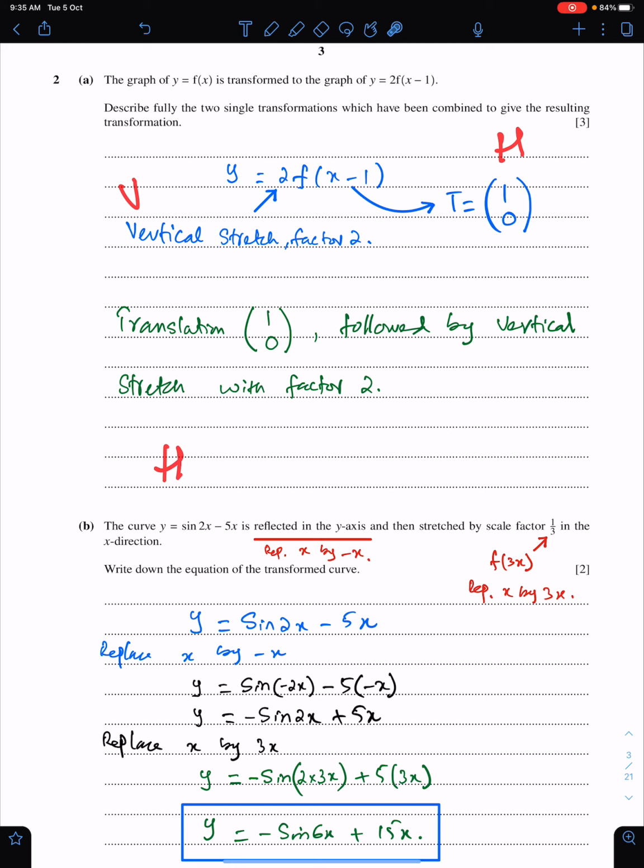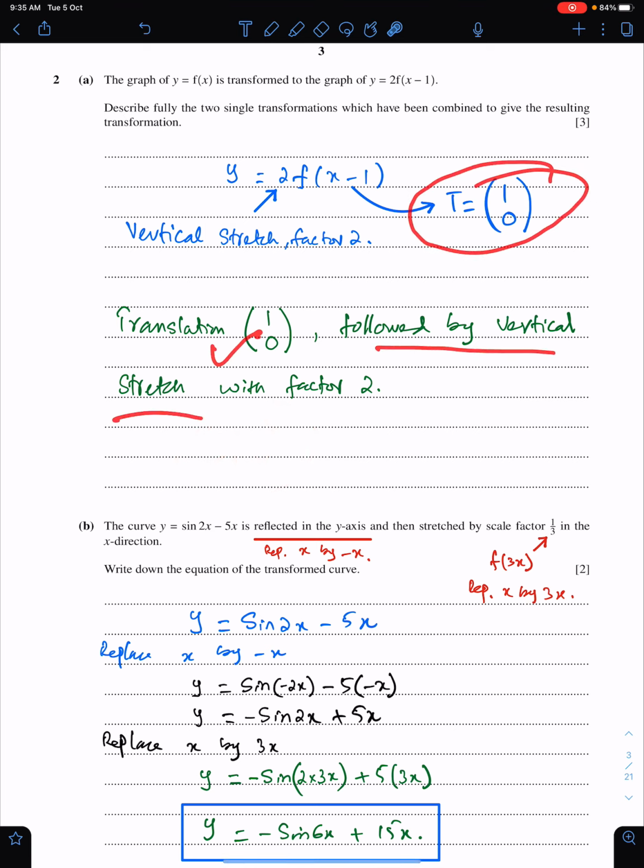When we have H and V, or V and H, we can explain in any order. When one is horizontal and the other one is vertical, we can describe the transformation in any way, like HV or VH. I did this in this way: translation vector (1, 0) followed by vertical stretch with factor 2.